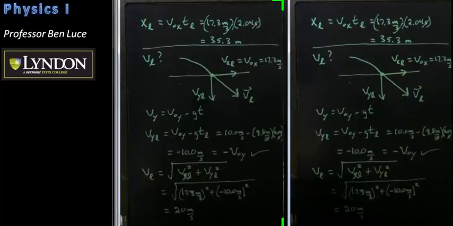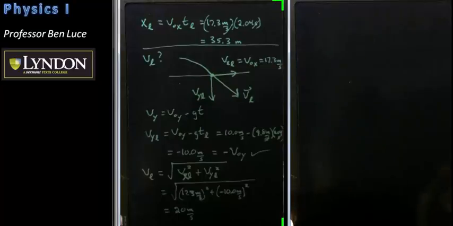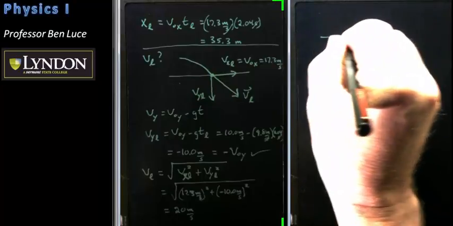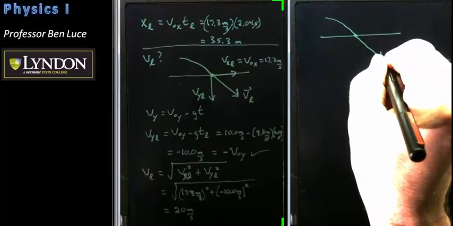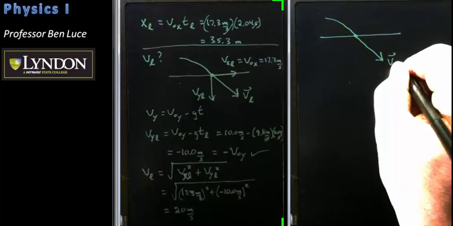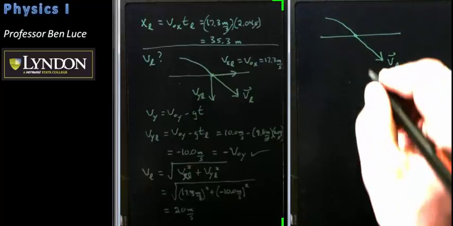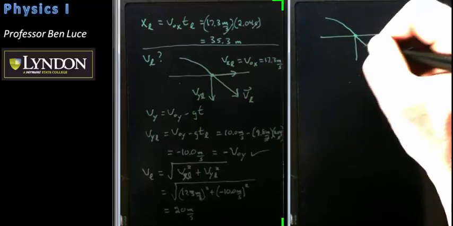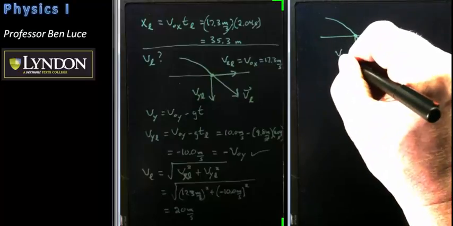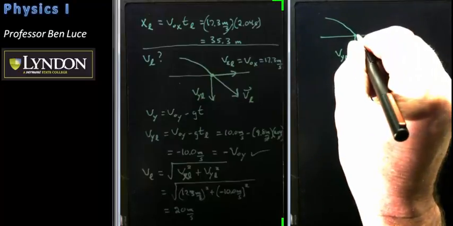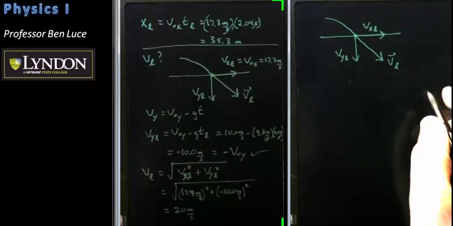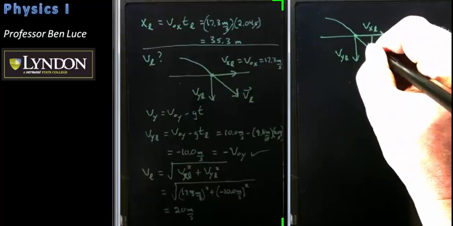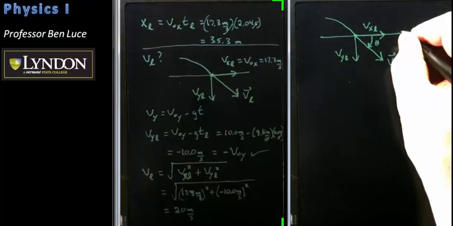All right, now we need to compute the landing angle. So our projectile is landing with some landing velocity VL, and we've computed its components, VYL and VXL. And we're seeking this angle here with the x-axis.